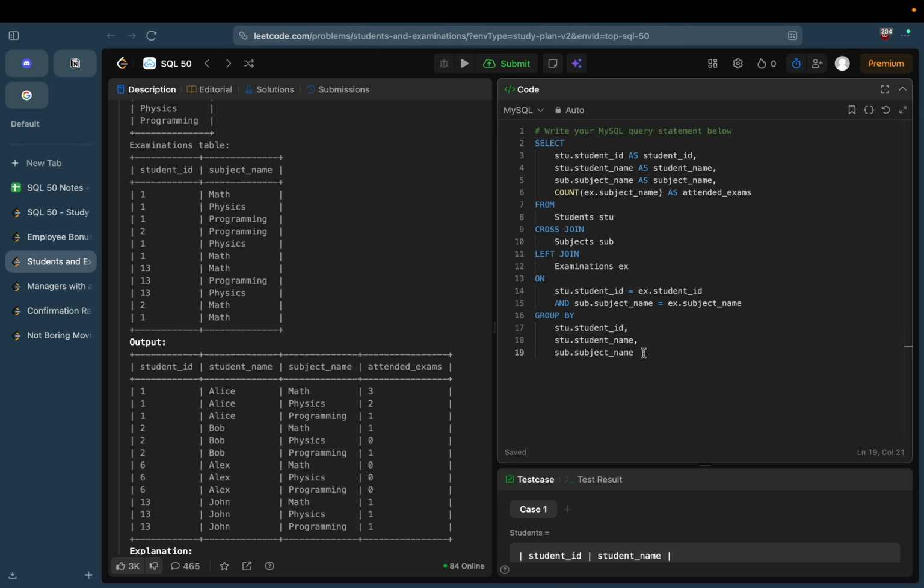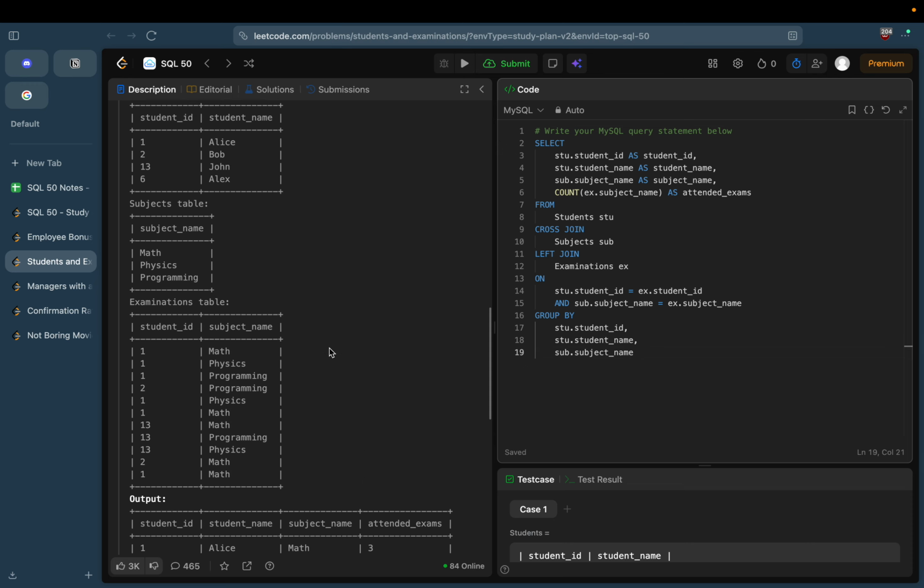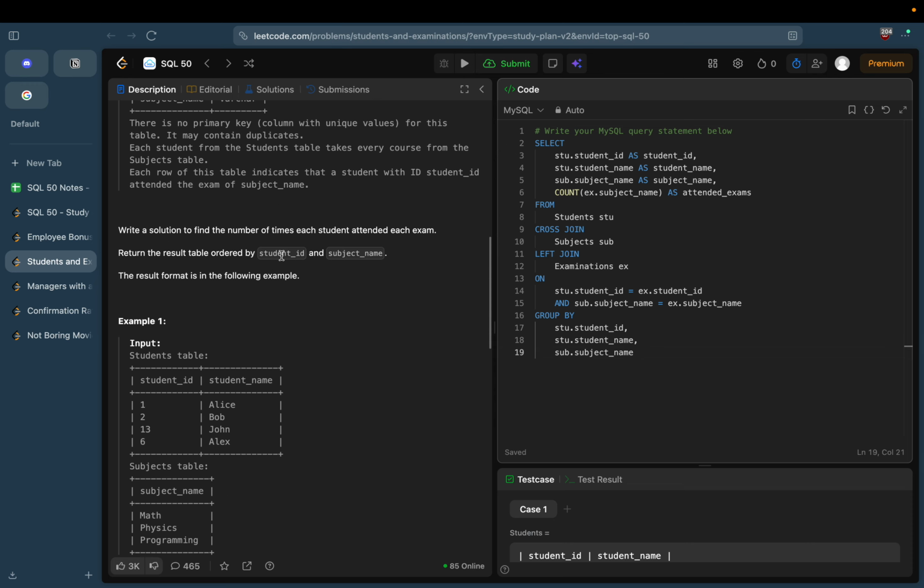I think this looks good. Yes, we do want to order them by these two, so an order by will also be needed in this query. We want to order it by student ID and subject name, just the two.